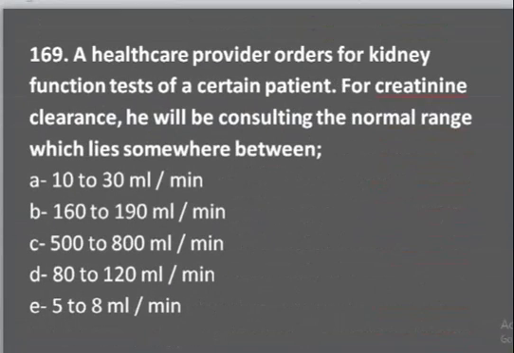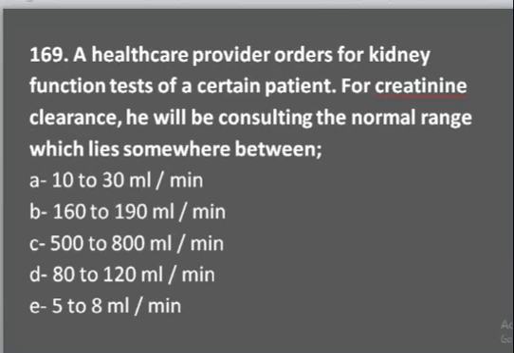Now the ninth MCQ of this video, a healthcare provider orders kidney function tests of a certain patient. For creatinine clearance, he will be consulting the normal range, which lies somewhere between. Again 5 options are given, and it is asked to identify the normal reference range of creatinine clearance.